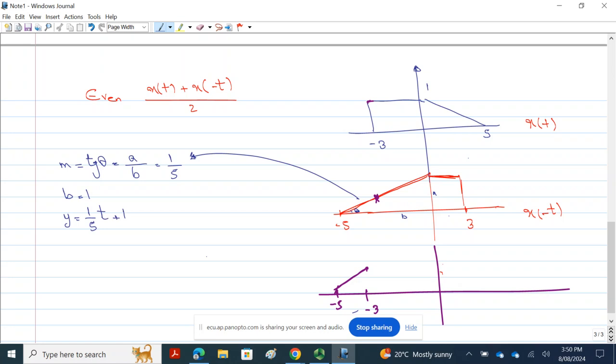Correct? So let's check it. Put t equal to 0, it gives you 1. That's the value of it. Give t equal to minus 1, 0, which is correct. So that represents this line. Is it clear?